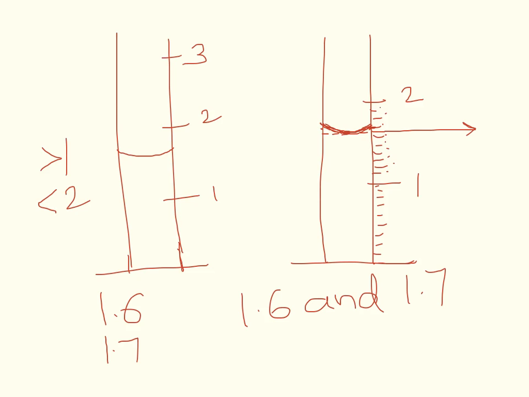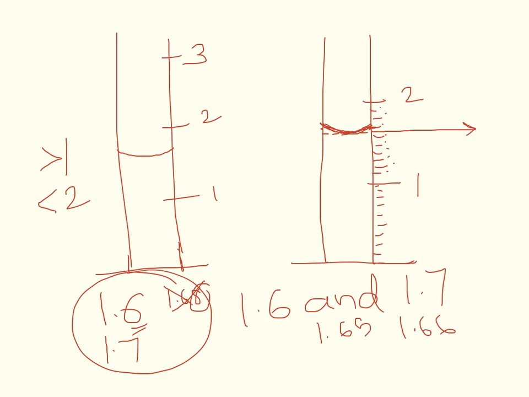Again, you will write the measurement as 1.65 maybe, or 1.66. In this case, you will not write the measurement as 1.68, because you can only guess up to one digit beyond the marked values. You can't guess beyond that. You cannot write that the volume of water in this cylinder is 1.658.